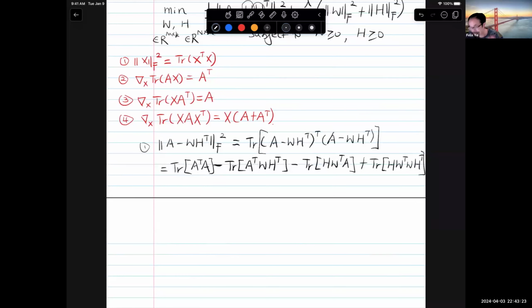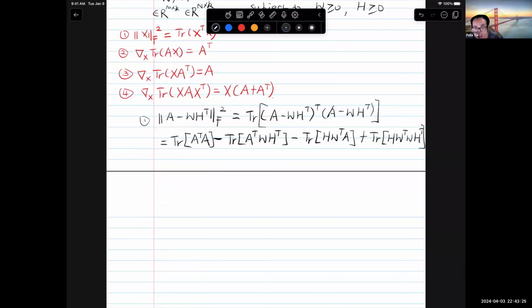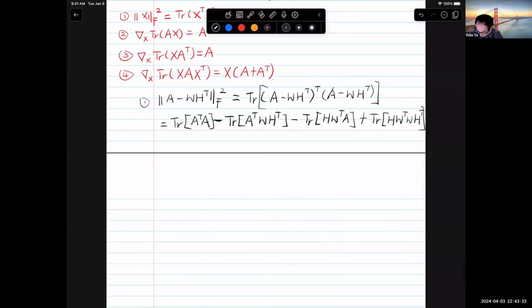This is very similar to ALS, but we're processing everything in the matrix form.